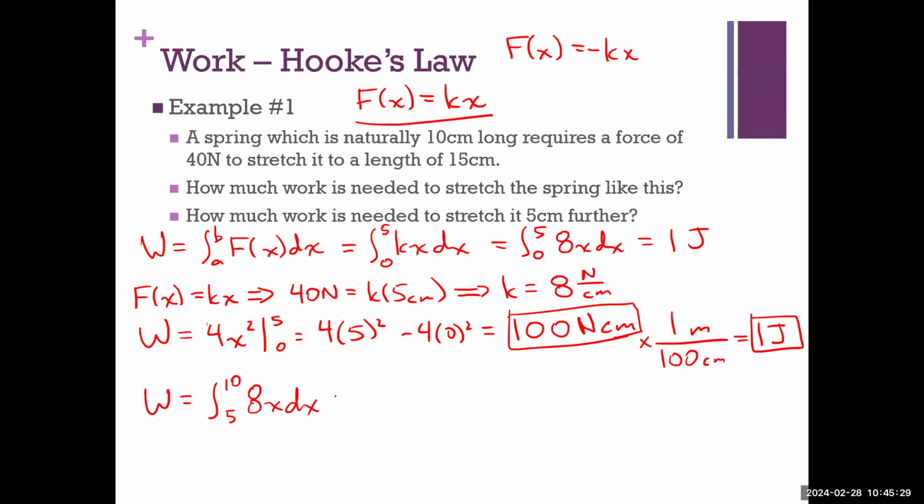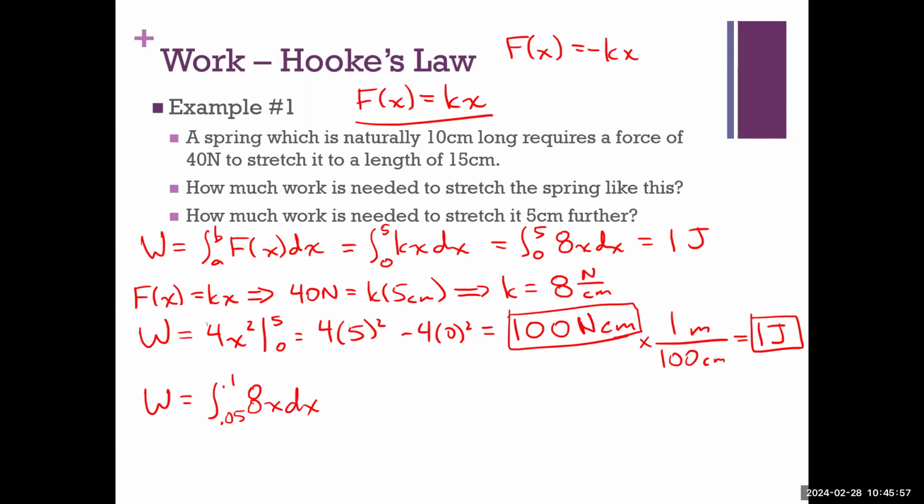First of all, when I do this integral, what's it going to be in terms of? What units am I going to get work in? Newton centimeters. Can we make some modifications to make it joules? Yeah, we can divide by 100, or the equivalent would be this. I'm going to divide the bounds by 100, from 0.05 to 0.1.